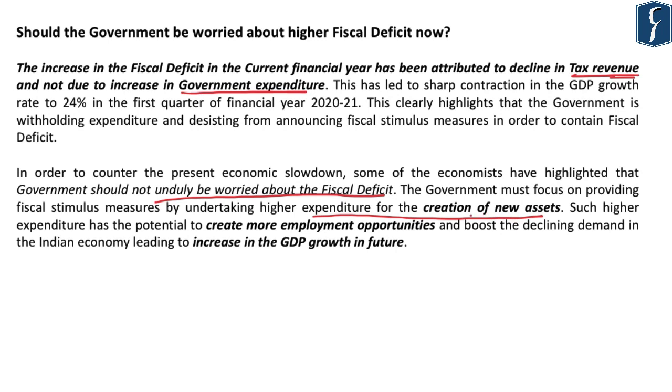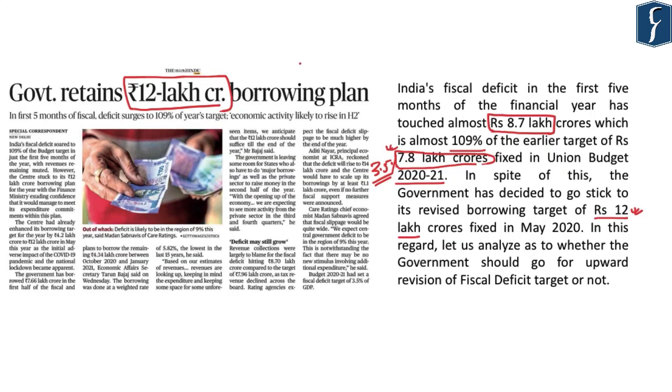Because such expenditure will have the potential to increase more employment opportunity in our economy, and cumulatively that will help to kickstart our economy and increase the GDP growth in the coming fiscal year. So this is a general opinion among the economists that government might not have revised this rupees 12 lakh crore borrowing plan, but in the coming time, Government of India might have to do that.